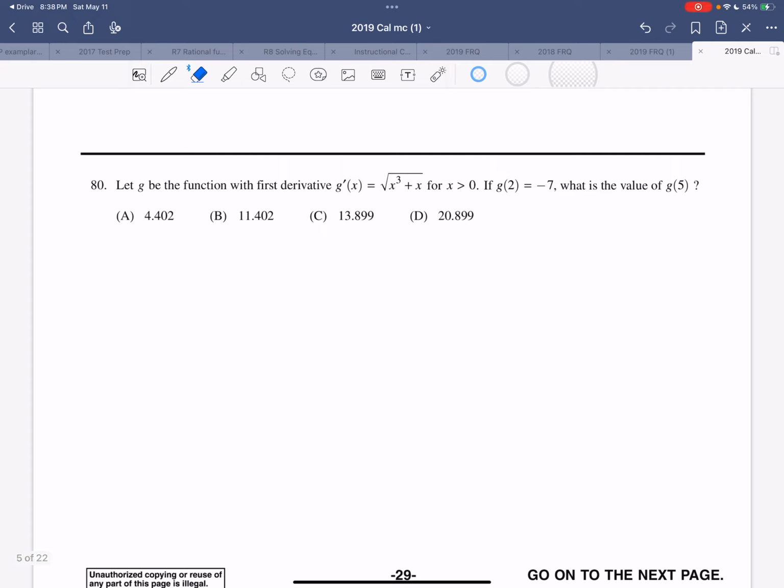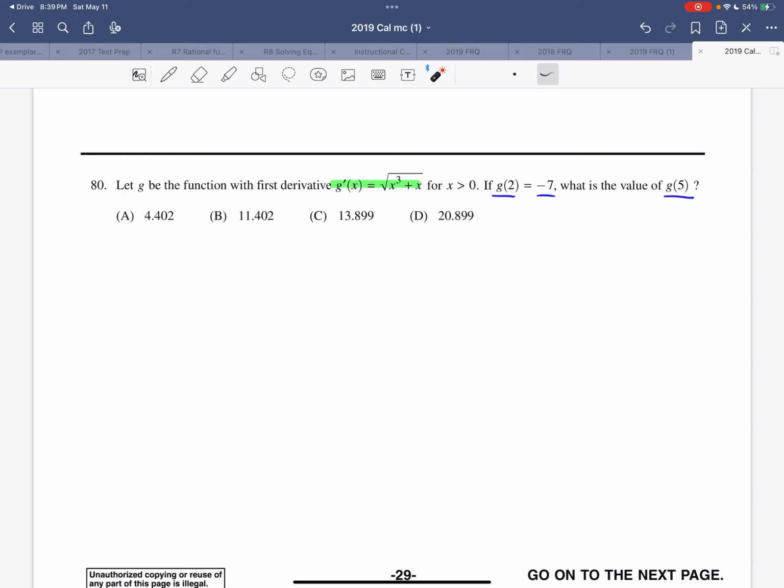Let's do question number 80. We have a function, and that's the first derivative already, equal to this one, where x is greater than 0. And according to the question, g of 2 is equal to -7. So you want to find g of 5. Do you see this one is the first derivative already? So if you want to find g of 5, you have to anti-derive it.